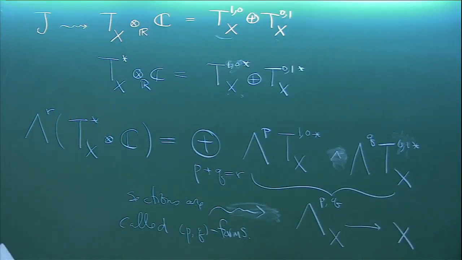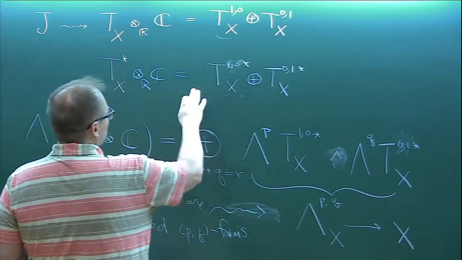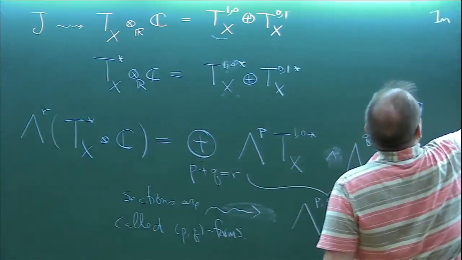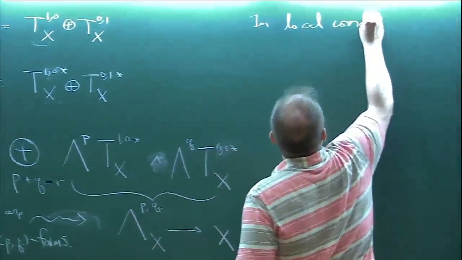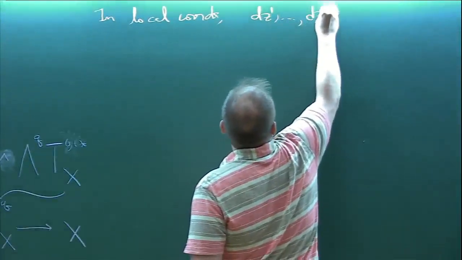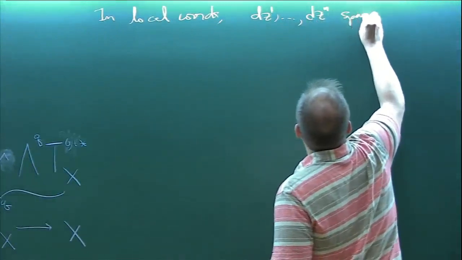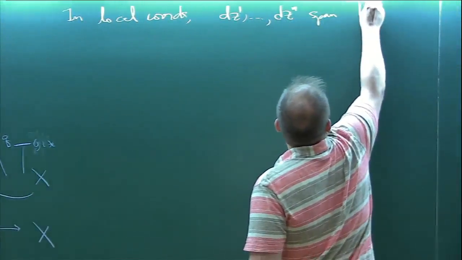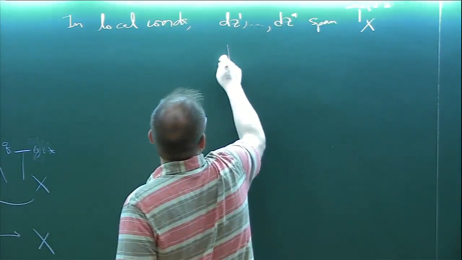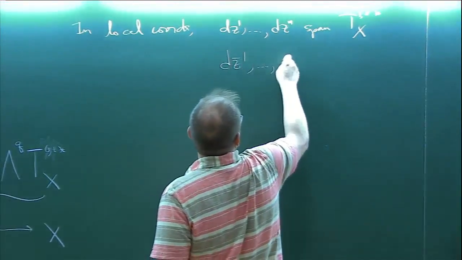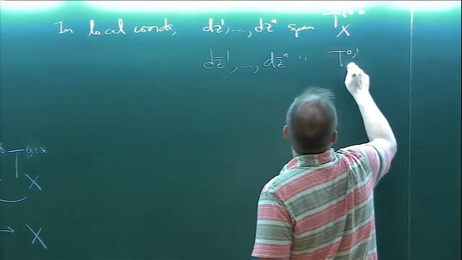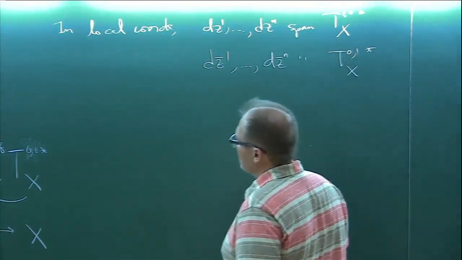So, and last time we talked about how if you've got a local coordinate system, in local coordinates, so dz^1 up to dz^n, this will span or give a frame for T^{1,0}* X, and the complex conjugates will span the complex conjugate space, which is T^{0,1}.